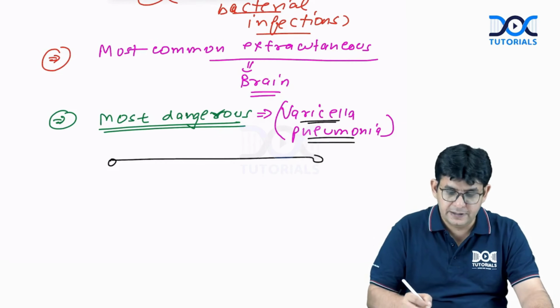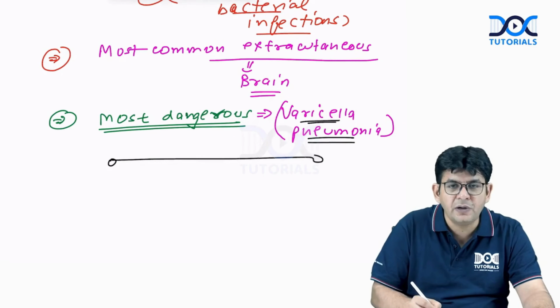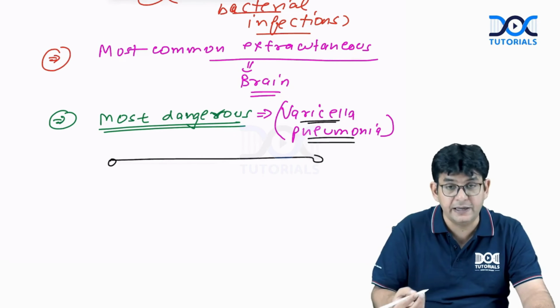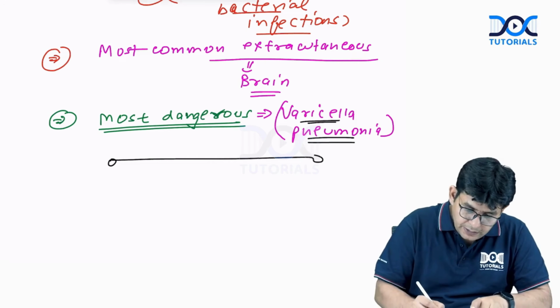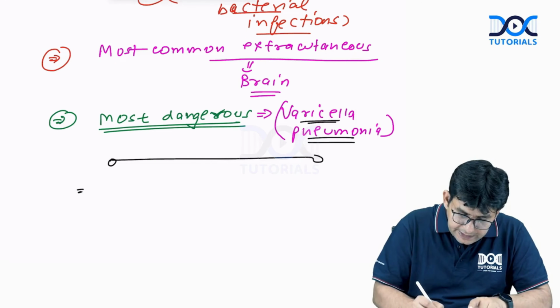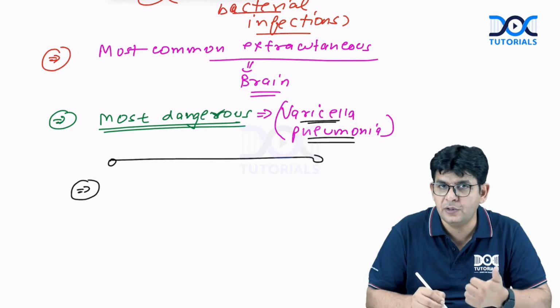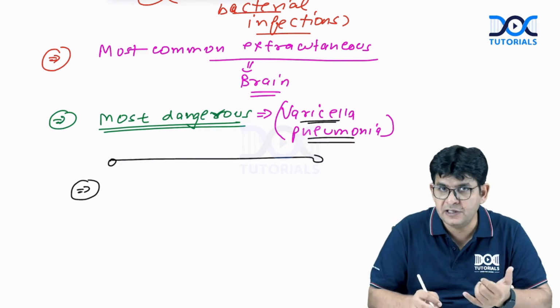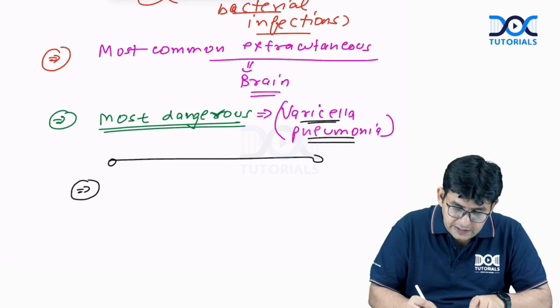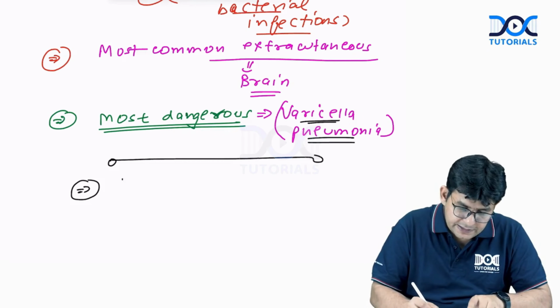Other than that, if this chickenpox infection happens in pregnancy. Suppose any lady who did not have it in childhood got this infection, and did not have the vaccination either, and got chickenpox in pregnancy.